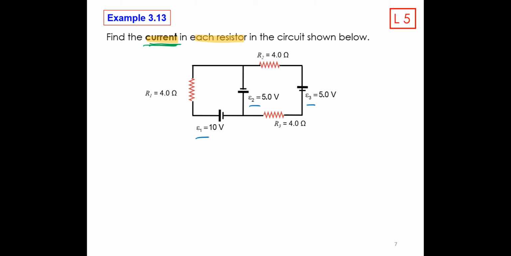Simple. If you have more than one battery, automatically use Kirchhoff rules to find the unknown value. If you have one battery, then use Ohm's law. But now with different batteries in different wires, we use the Kirchhoff rules.